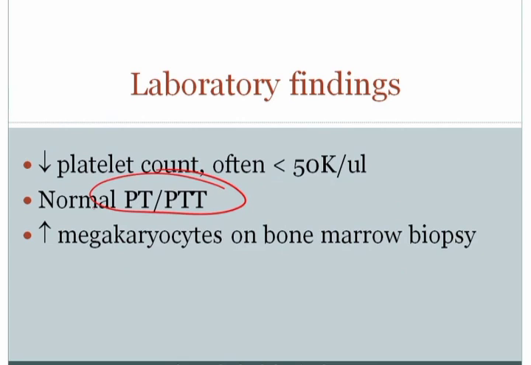All of the coagulation factors are going to be normal, and therefore the PT and the PTT are also going to be normal. Finally, because we're destroying platelets outside of the bone marrow, the marrow is going to respond by trying to produce more platelets. And as it tries to produce more platelets, we're going to see a hyperplasia of the megakaryocytes. We're going to see an increased number of megakaryocytes on the bone marrow biopsy.